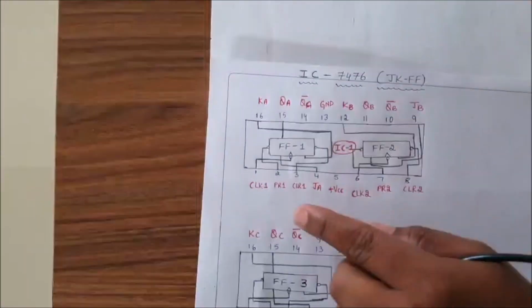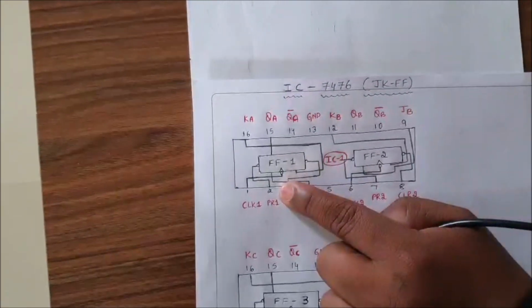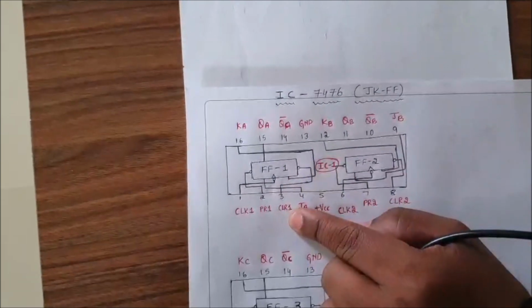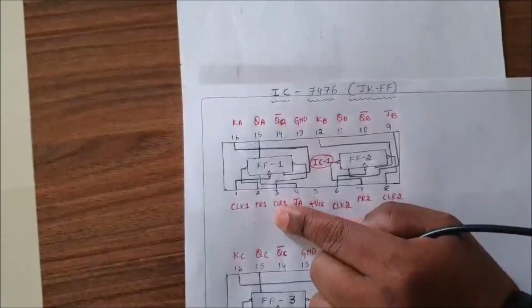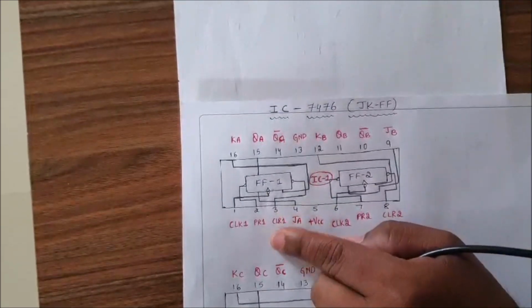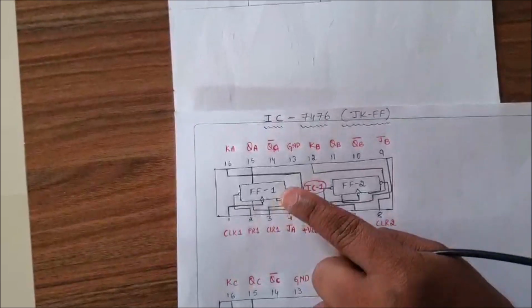Next, after connecting the clock, we have preset 1 and clear 1. Preset 1 is the second pin of IC1, and clear 1 is the third pin of IC1. Both preset as well as clear should be connected to plus VCC to activate flip-flop 1. Now I will take one patch cord.